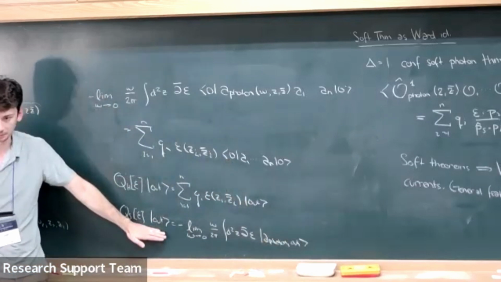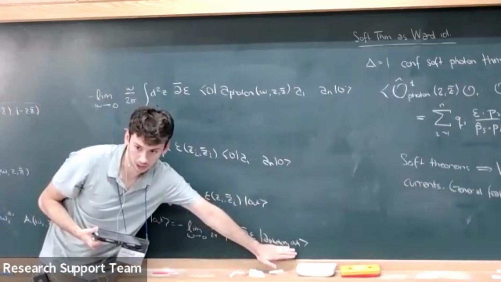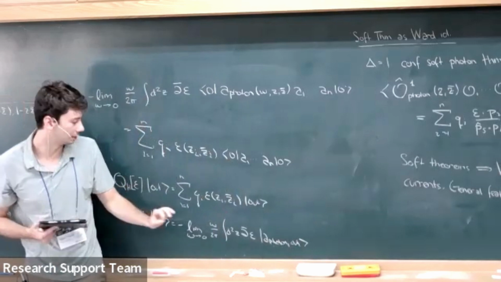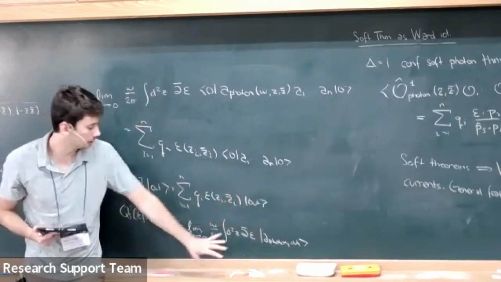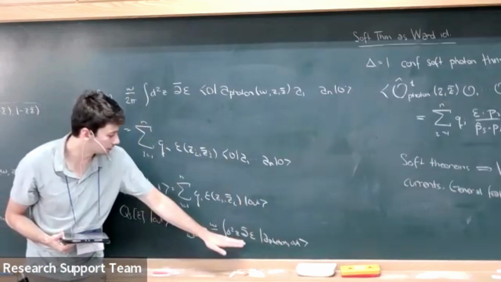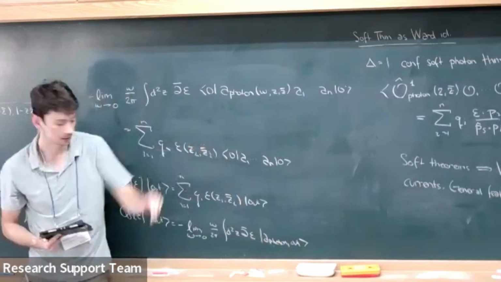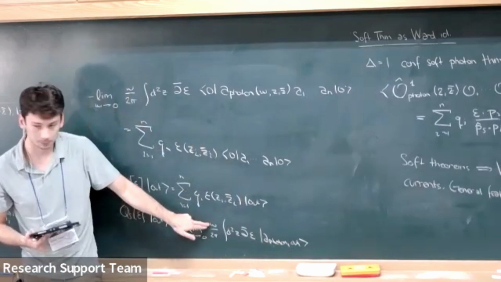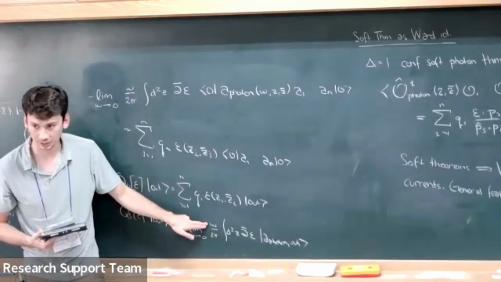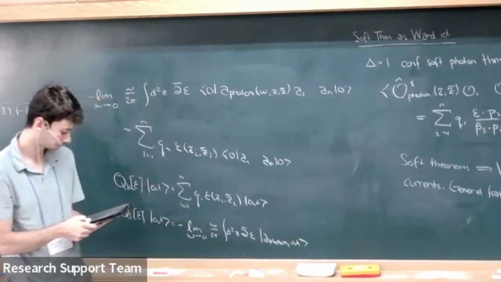I have some out state, and what the soft charge is doing is, to this out state, I add a photon. Okay, but I don't add a photon at a particular value of momentum. I add it at some smeared value of momentum. So I add some smeared cloud of photons, where the smearing depends on this function epsilon that I picked. And then eventually I send the photon to be soft, keeping this omega here. And it looks like, again, this thing is going to 0 because I'm sending omega to 0. But due to the soft photon theorem, in fact, it will be non-zero.